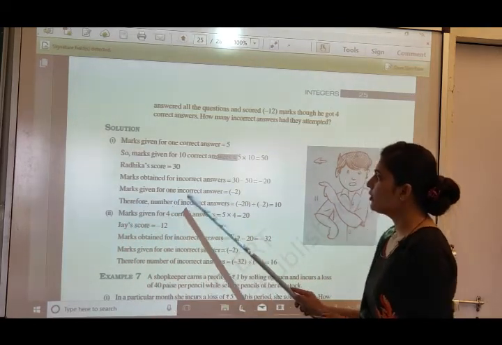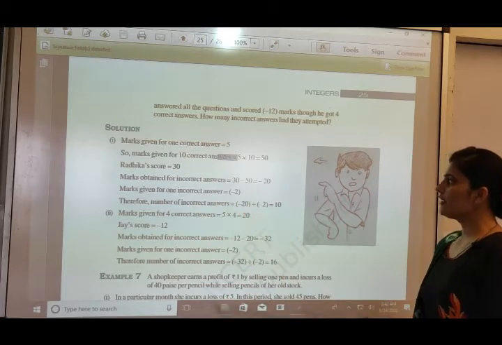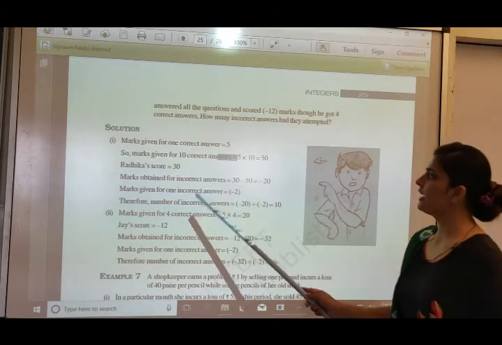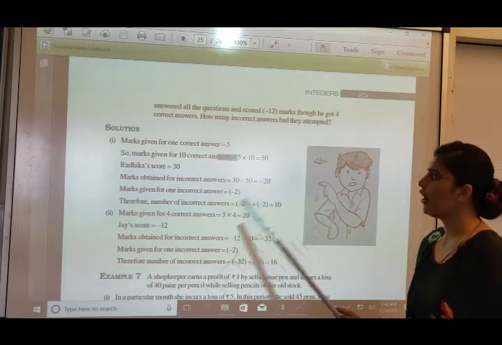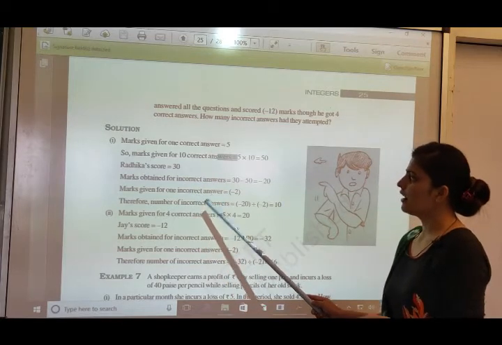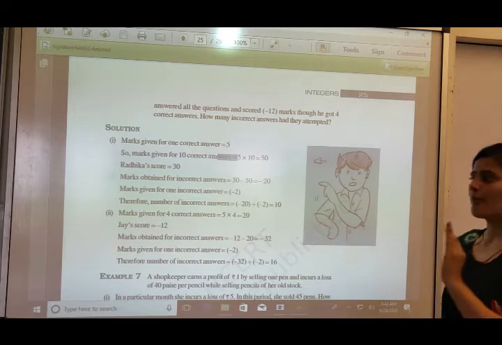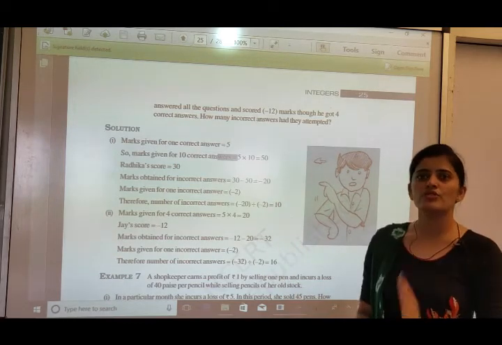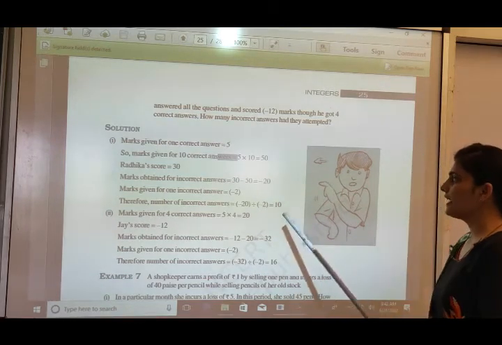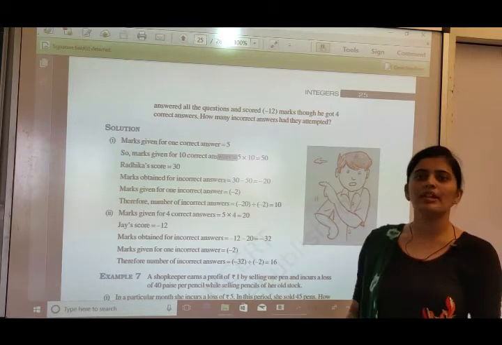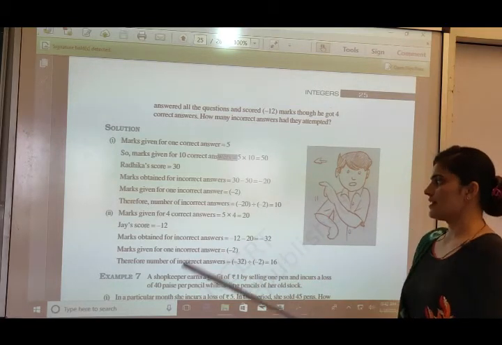Therefore, number of incorrect answers will be equal to minus 20, the marks for incorrect answers, divided by the marks she is getting for one incorrect answer, that is minus 2. So minus 20 divided by minus 2 will be equal to 10. What is 10? 10 will be the number of incorrect answers.